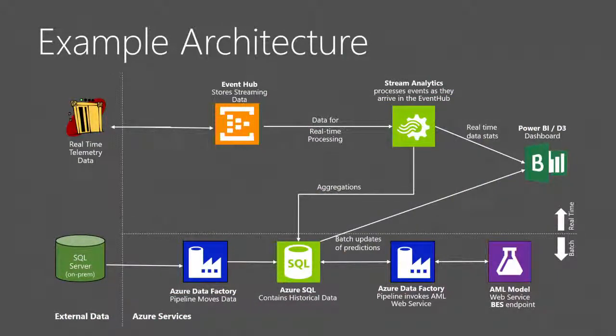I threw this out because I think it was important, just to show you again an example architecture for everyone here. Here we have something that's real-time telemetry, and it is coming through Event Hub. That's our ingestion service. We would process the data in real time. We would use Stream Analytics, again, depending on the business scenarios.